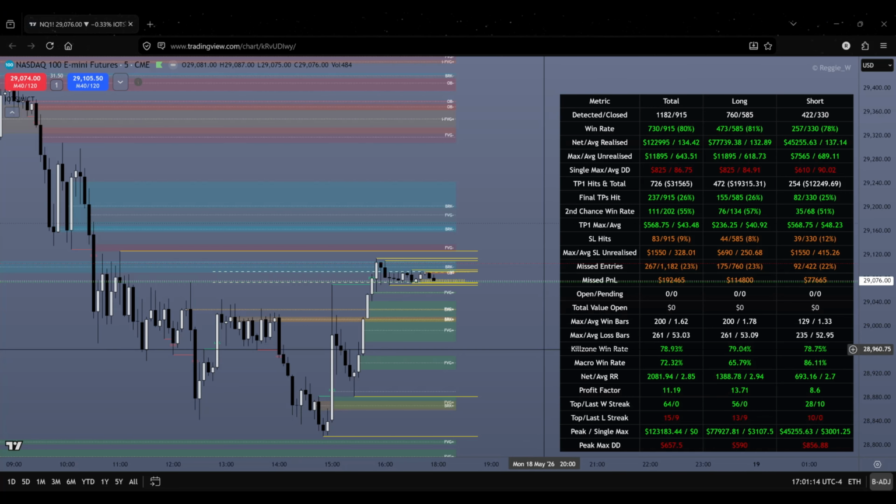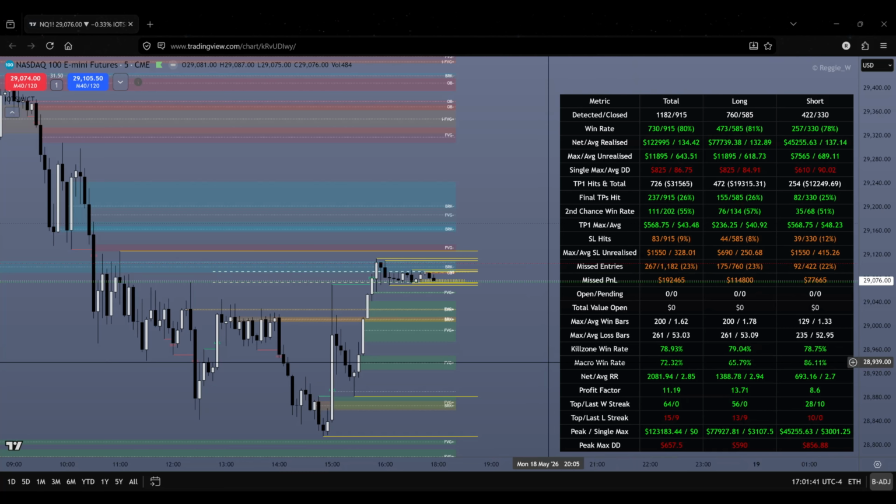Okay, now we're on to the kill zone win rate. So that's the win rate inside ICT kill zone windows. That doesn't mean that the trade hit the profit level or lost inside the window. It means the trade setup was detected inside that window. But those are the win rates for your kill zones, which are all toggleable as well.